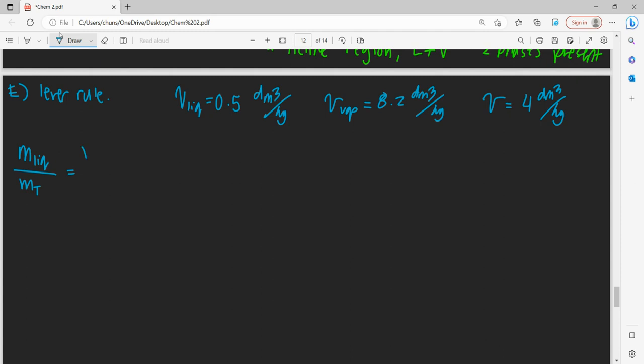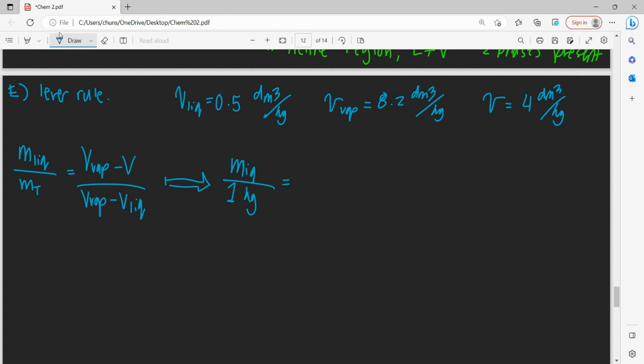That's equal to... Since these are ratios, we don't really have to worry about units as much. So this is going to be M liquid. And we know our total mass is 1 kilogram because we injected 1 kilogram of our CO2.